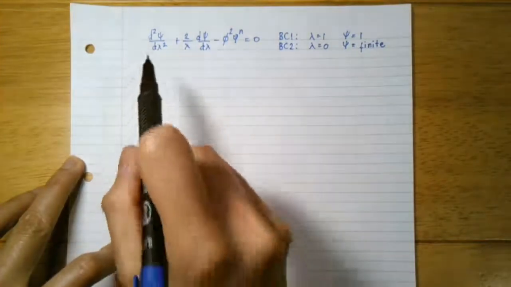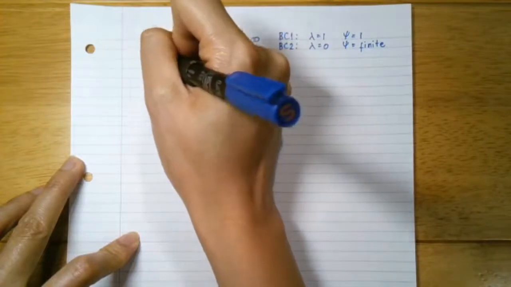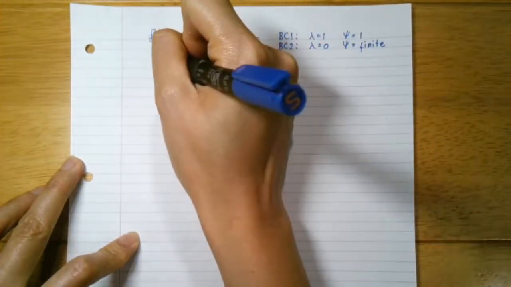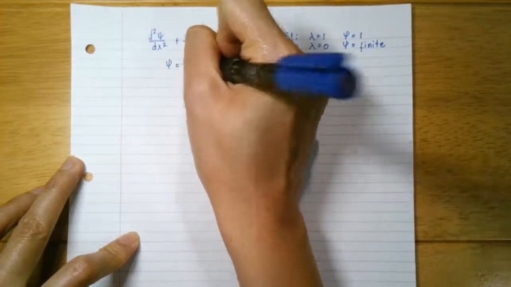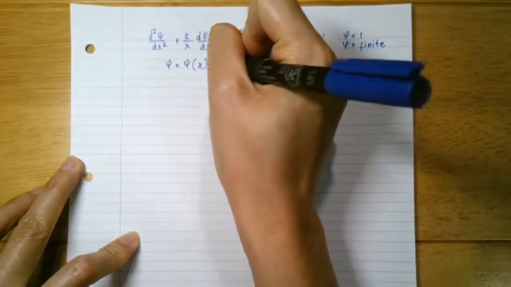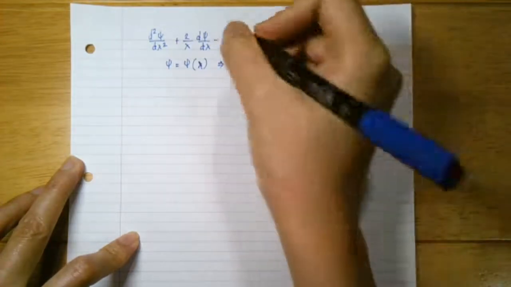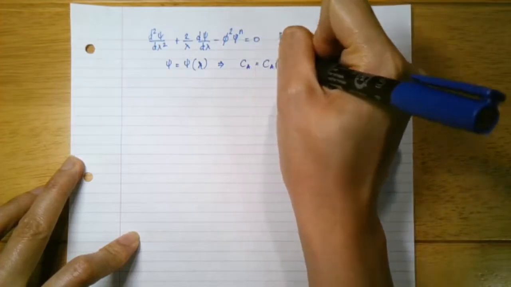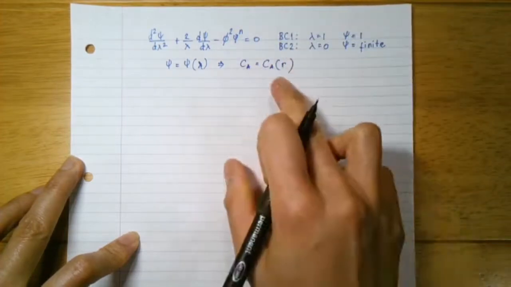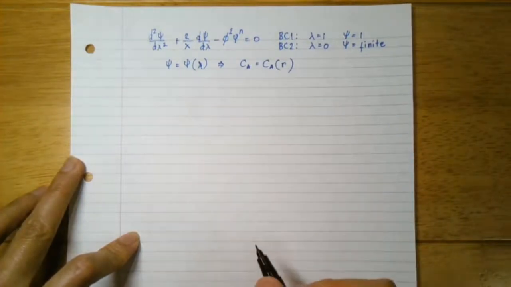Our aim is to find a solution which is psi as a function of lambda, from which we can solve the concentration profile, so Ca as a function of the radial coordinate r.